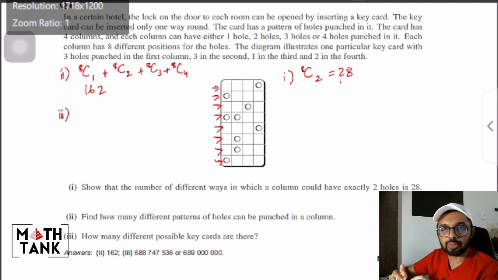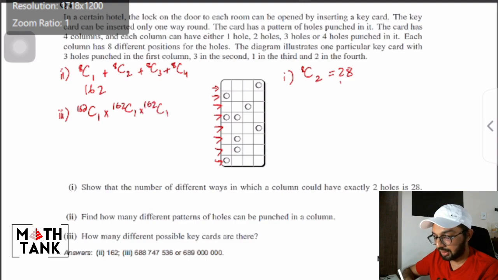So what I do then is I write that in order to punch the first column, 162C1, I choose one of the ways, and then for the next column, another 162C1, then another 162C1, and then another 162C1. Now why am I multiplying all of these together? Because as I've taught you before, you keep multiplying until the event ends. The event ends when the entire key card is complete.